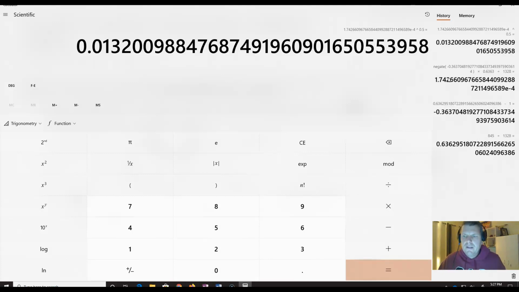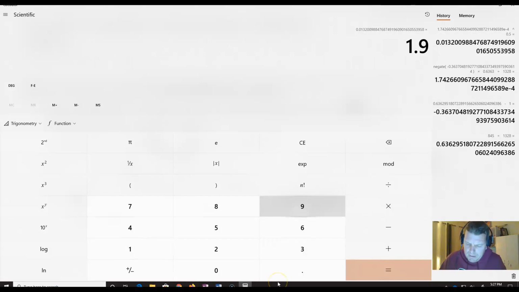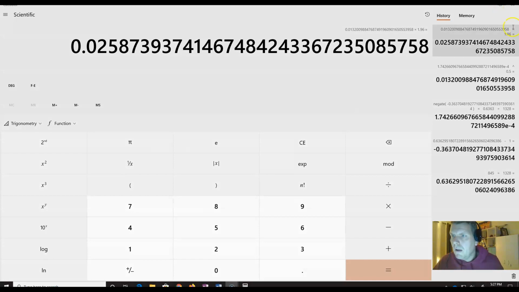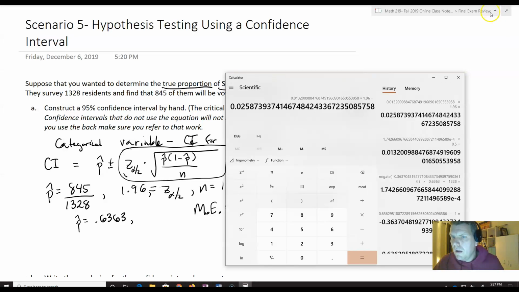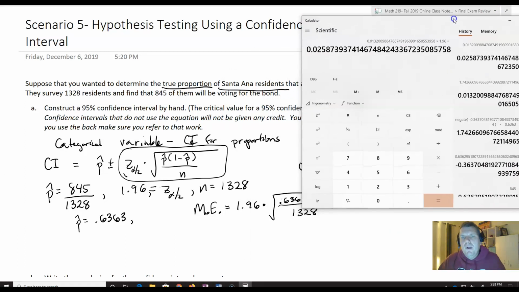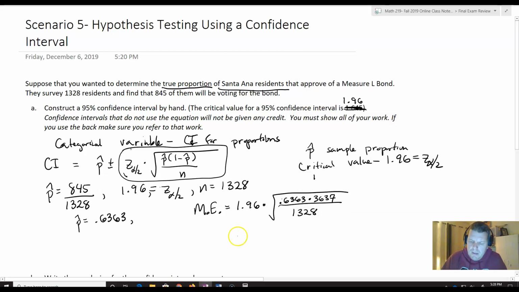Okay, so that's the square root. And then I'll multiply that by 1.96. And there it is. So it's 0.0259.